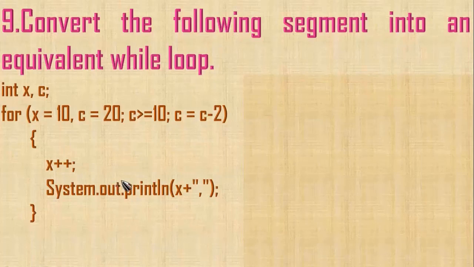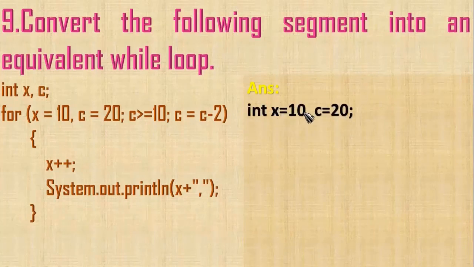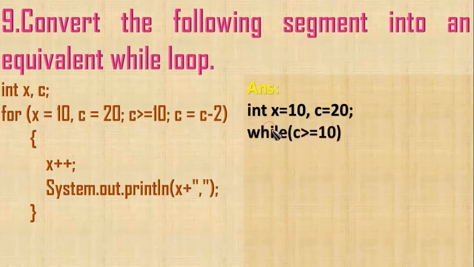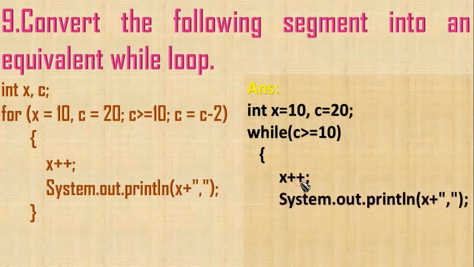So when we write this in the while loop, we will write it after these 2 statements. We cannot initialize in the loop, so we will initialize here itself: x is equal to 10 and then c is equal to 20. Then the while loop, with the condition given there. Then open the braces, x plus plus and then the printing statement, both are given. Now this increment or decrement part is given there and then it is closed.